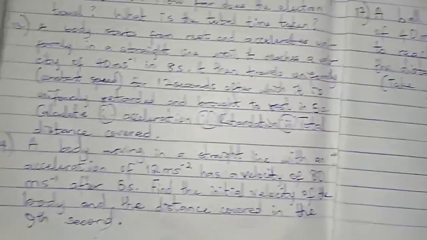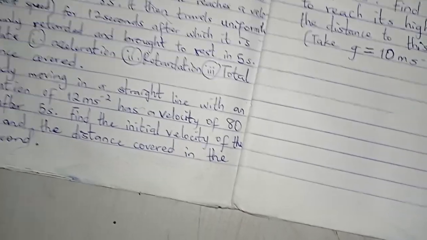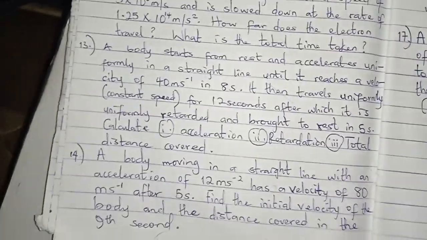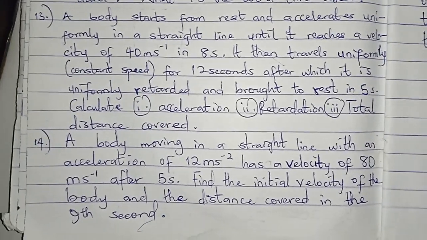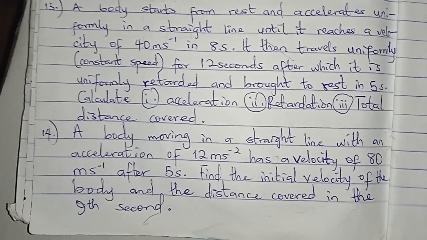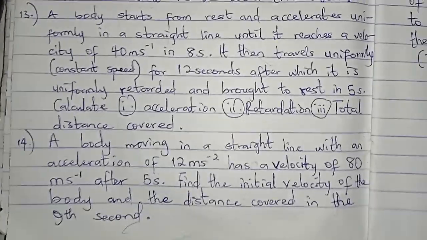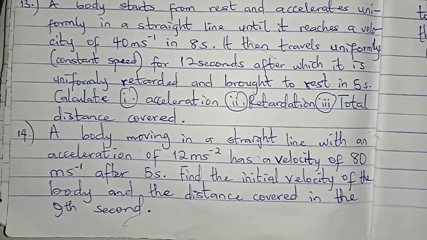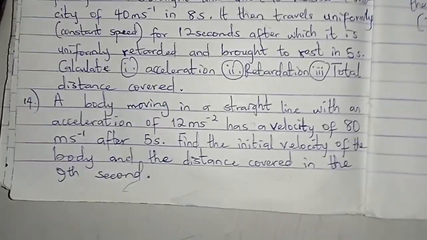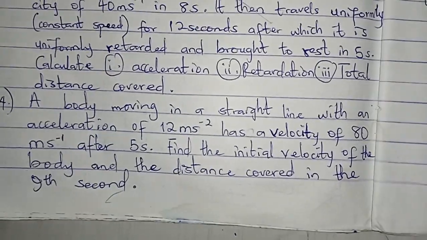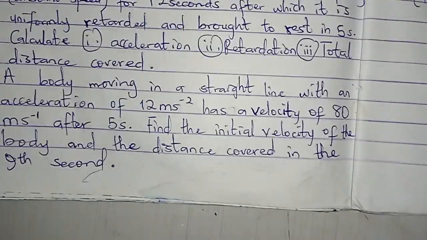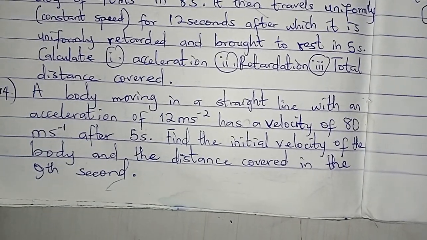To solve question 14, I will bring out everything given in that question. Question 14. A body moving in a straight line with an acceleration A equals to 12 meters per second square has a velocity V which is equals to 80 meters per second after 5 seconds.